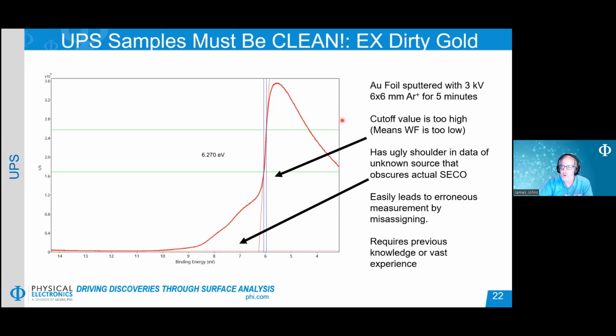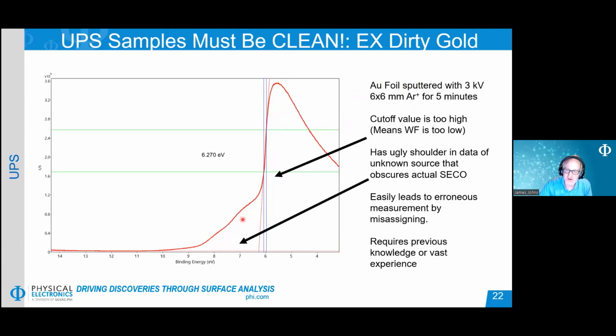So here I have a gold foil, and if I look at this cutoff region, you'll notice there's this long tail out here that's ugly and broad. Even though the gold foil was brought in and sputter cleaned, it wasn't sputter cleaned sufficiently to remove all of the contamination present at the surface.